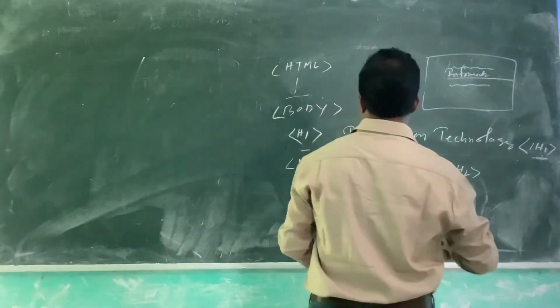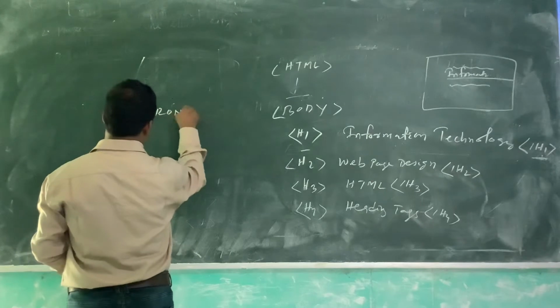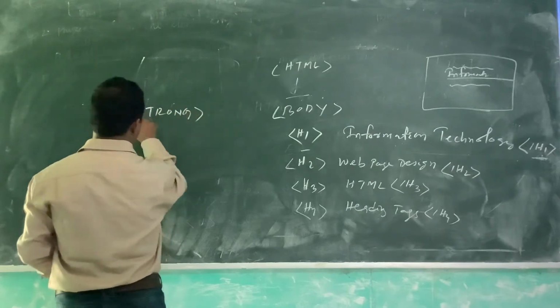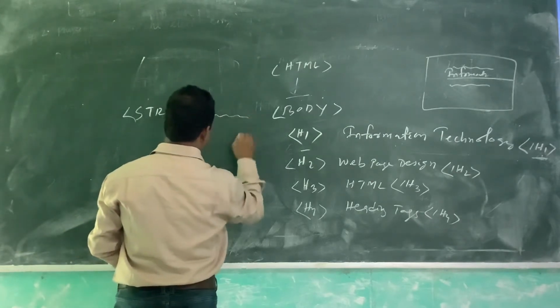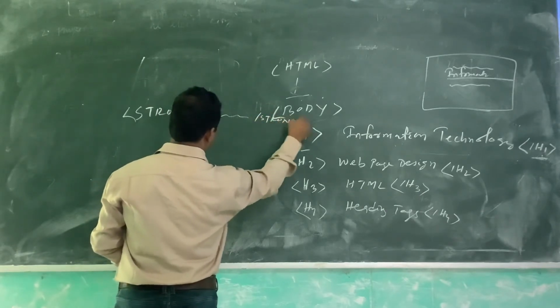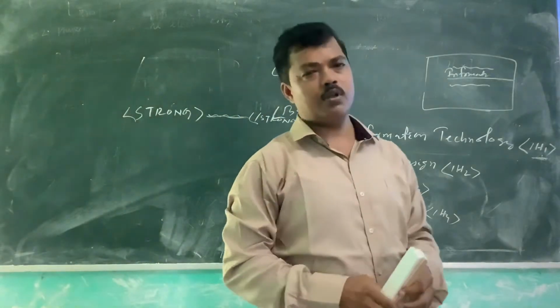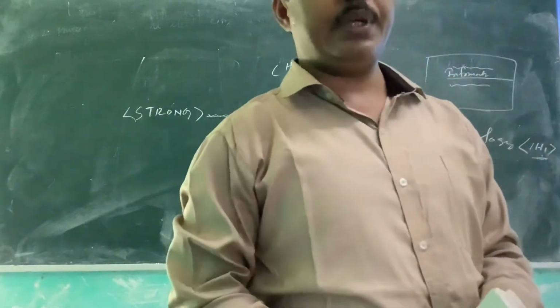You can add strong, your text and slash strong, which renders the text bold like B tag.